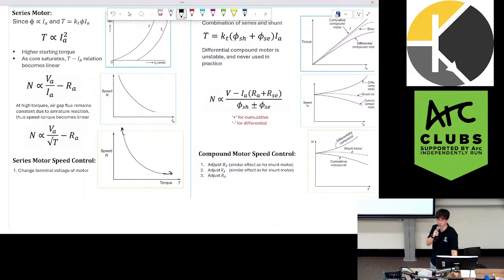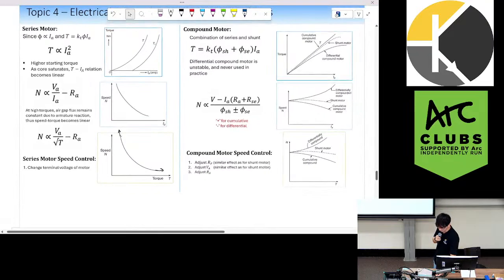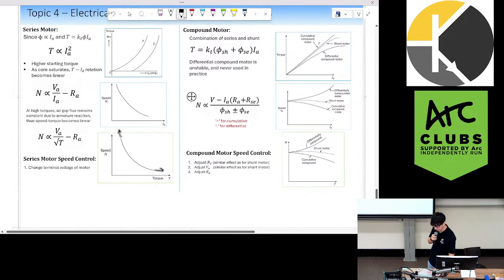That's great when we have to move a very large load from standstill. But again, there is a downside: our speed varies massively with the torque of the machine, so it is not regulated very well and depends very largely on our load.